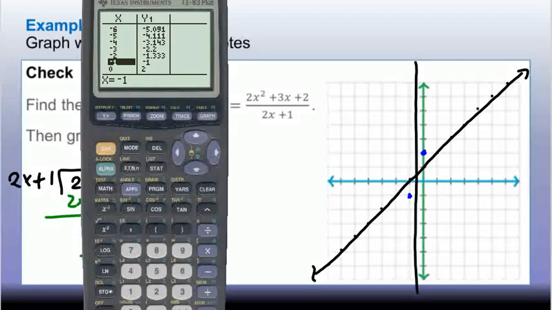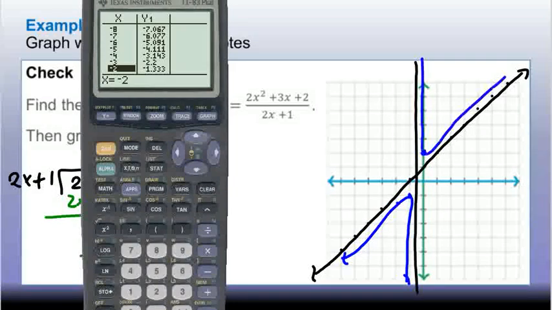We can have one at, we can go and let's do -2 and -1.3. So -2 and -1.3 would be here. This one's going to look something like this, and this one's going to look like that.